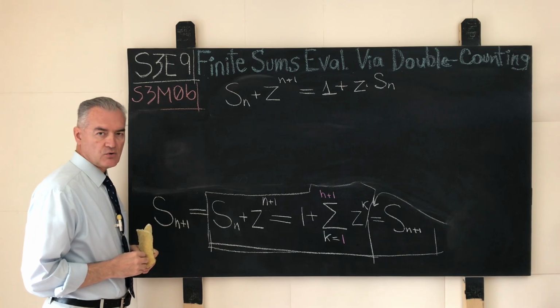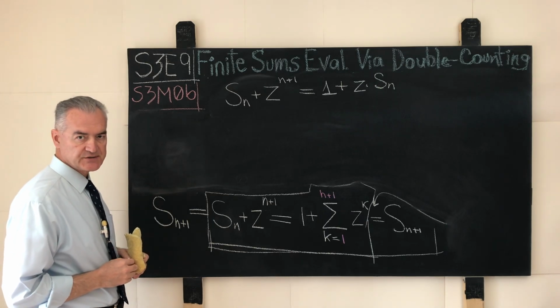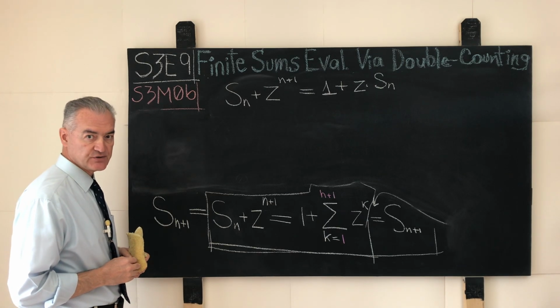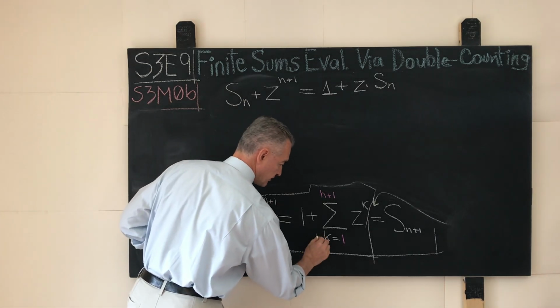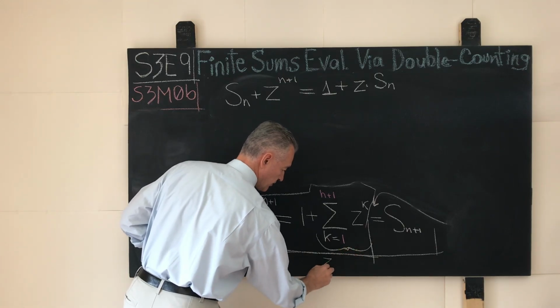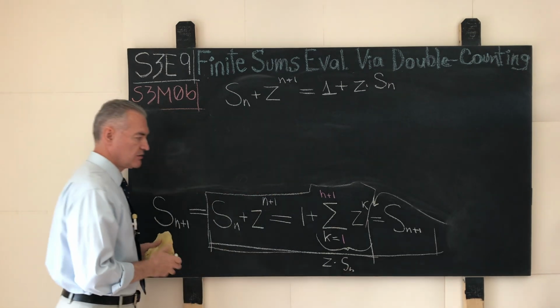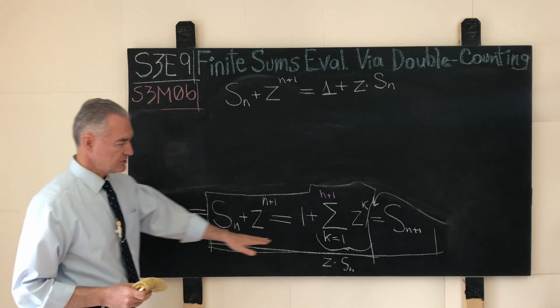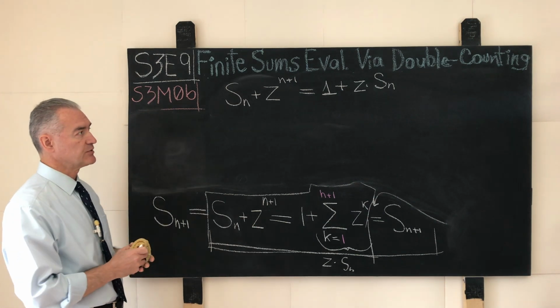Now we take our re-indexed sum that we managed to express as variable z times the original sum Sn, and put it into this part right here. Remember that this part via re-indexing came out to be z times Sn, and I rewrote this relation over here on top of the board, and now we see that we obtain what?